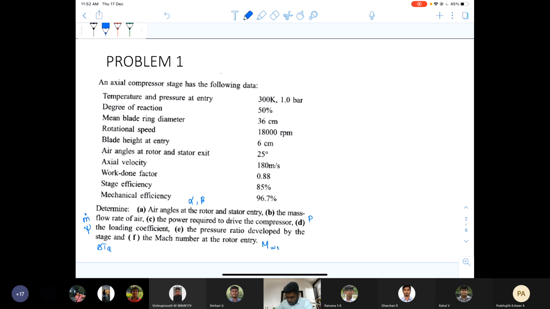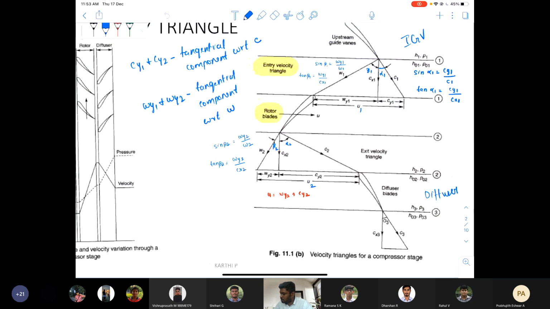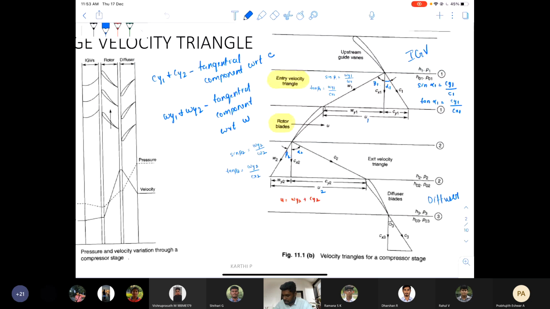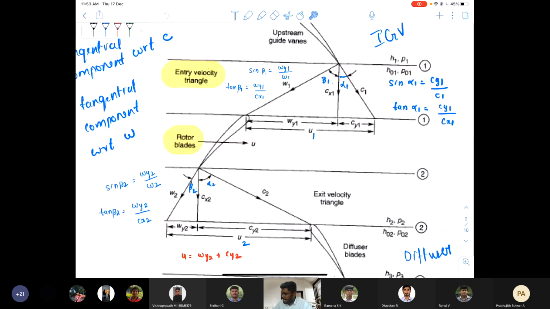Now let us find the air angle at the rotor and stator entry. From this velocity triangle, if you take tan alpha 1, this tan alpha 1 is nothing but opposite side by adjacent side.